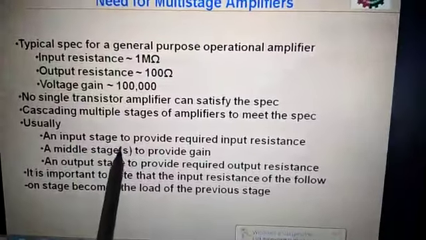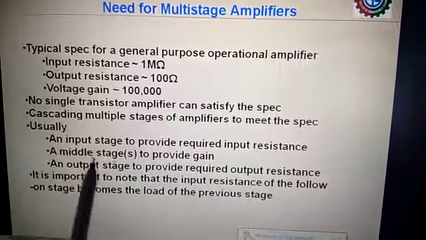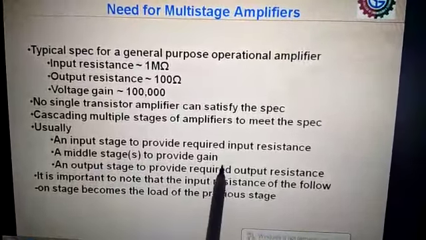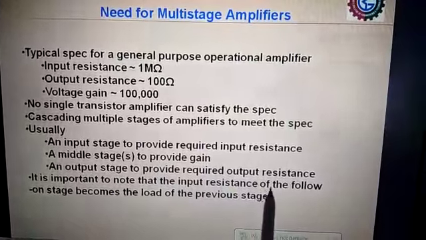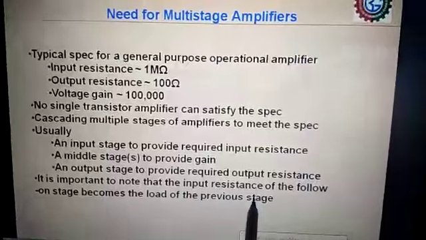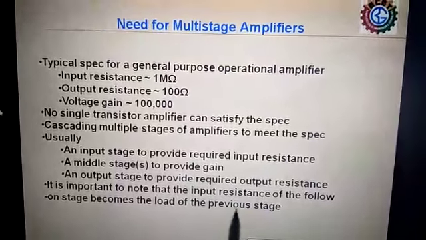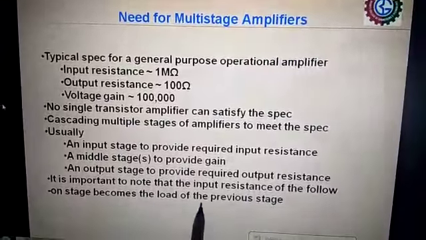Usually an input stage provides the required input resistance, a middle stage provides the gain, and an output stage provides the required output resistance. It is important to note that the input resistance of the follow-on stage becomes the load of the previous stage.